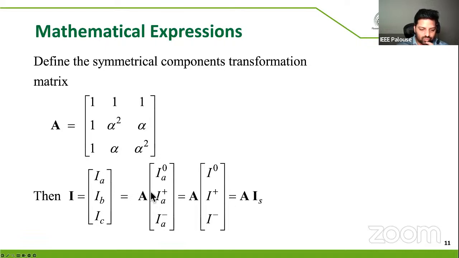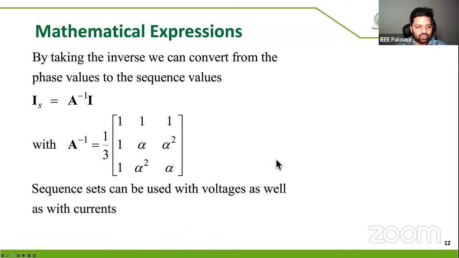So our transformation matrix helps us act like a bridge between these two worlds. We can always go from phasor components to symmetrical components by applying A inverse, a matrix inversion process. If you take the inverse of this matrix, you will get this particular equation that is shown in this figure.